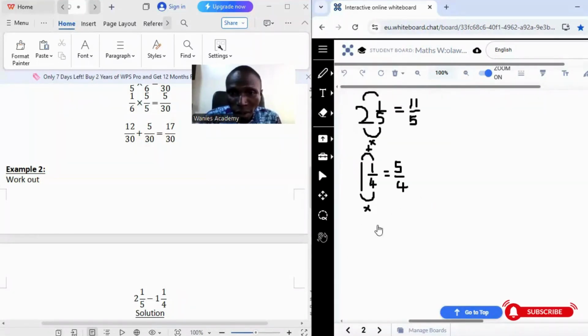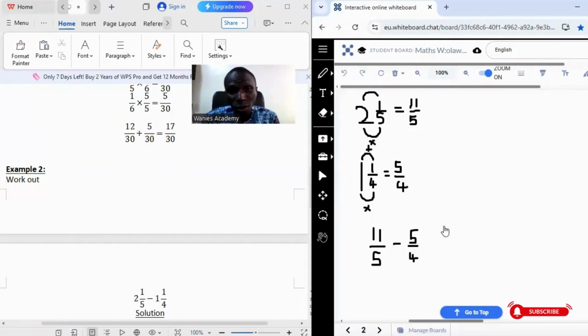So we're going to have this to be 11 over 5 minus 5 over 4. Now, if we look at the denominator, we have the first one to be 5, we have the second one to be 4.